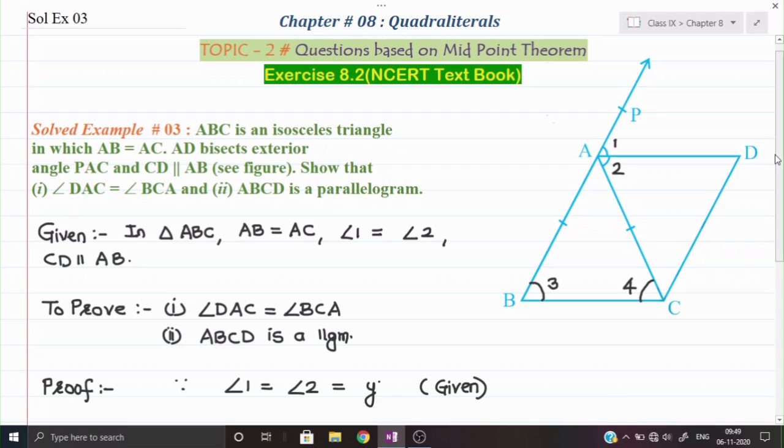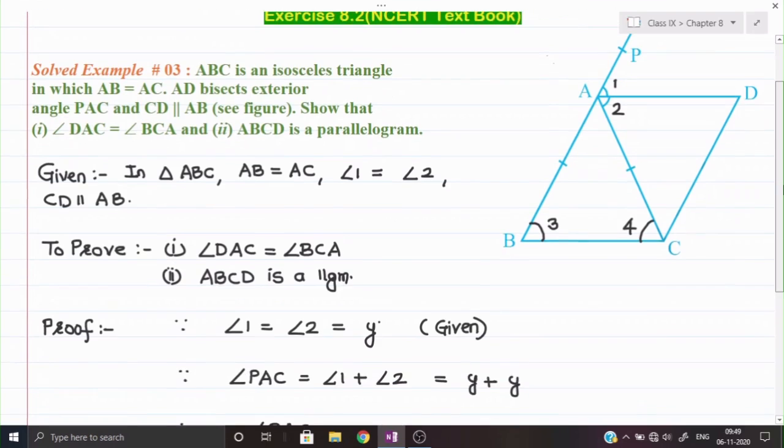So angle PAC is an exterior angle and it will be equal to the sum of two interior opposite angles, that is angle 3 and angle 4. Observe, angle 3 and angle 4 are just opposite to the angle PAC. So here we can write down this statement over here.